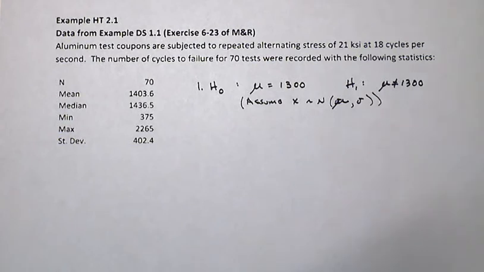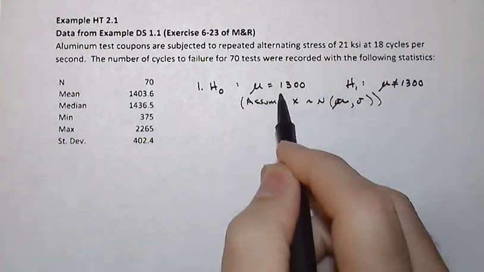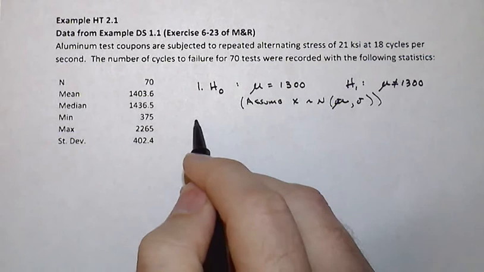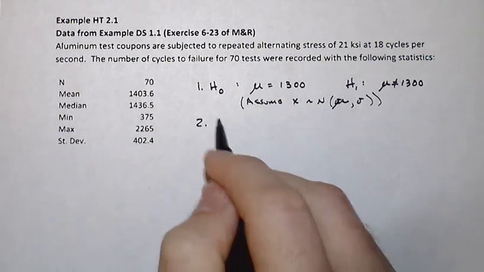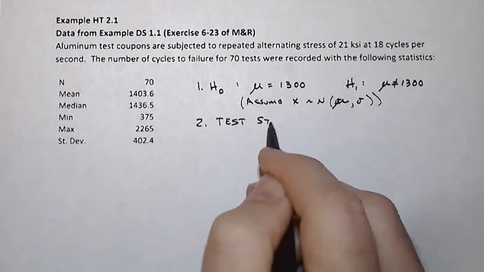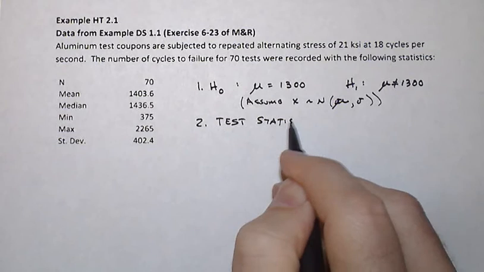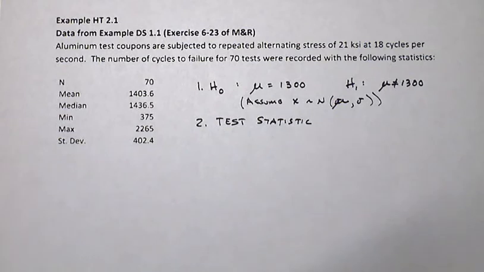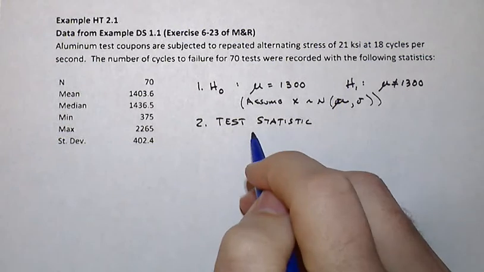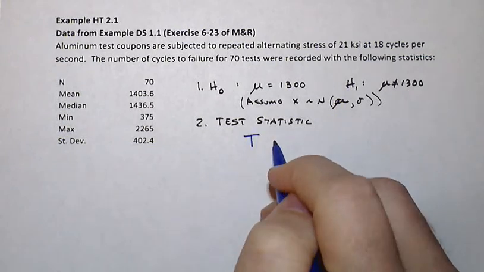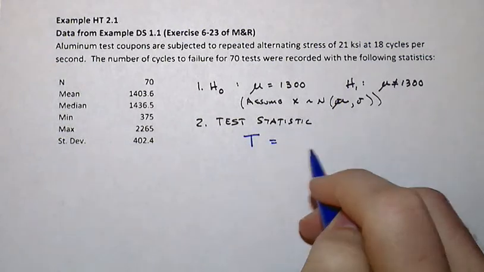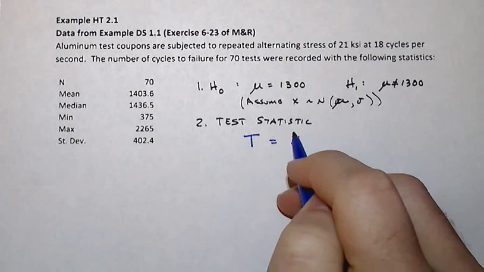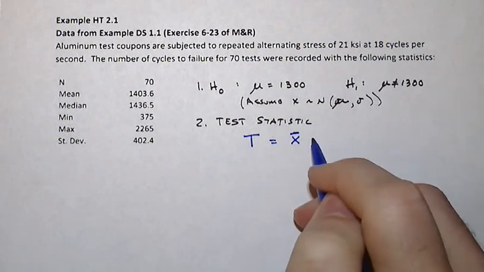Okay, so there's our hypothesis that we're testing, and we need to decide what test statistic we want to use. And since we don't know the population variance here, we're going to immediately consider that we'll use the t distribution associated with our sample mean.